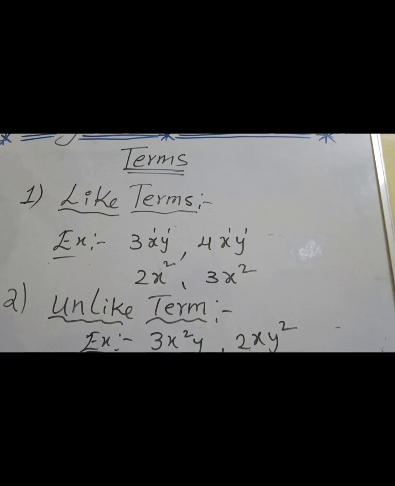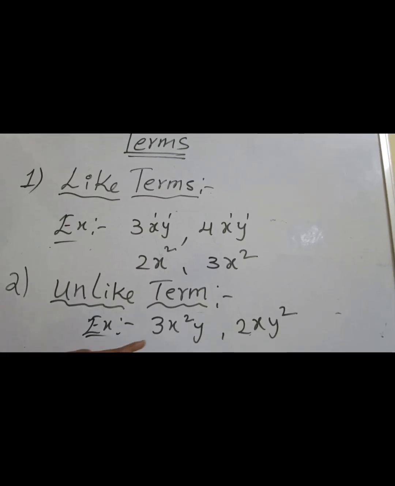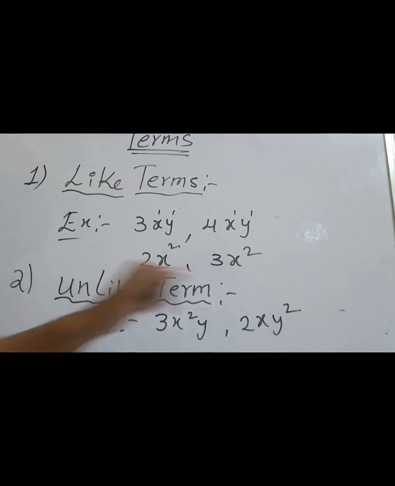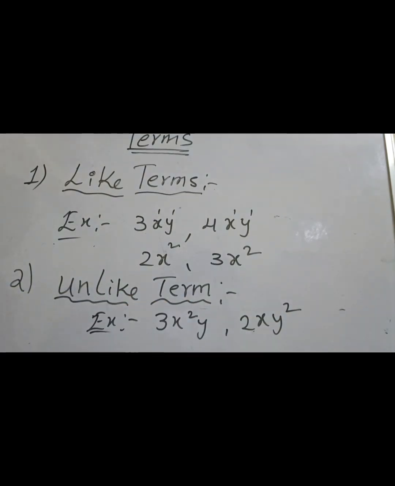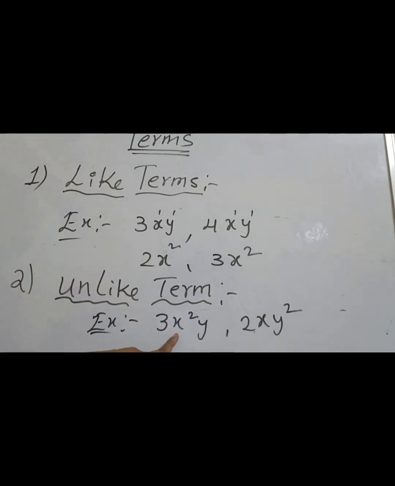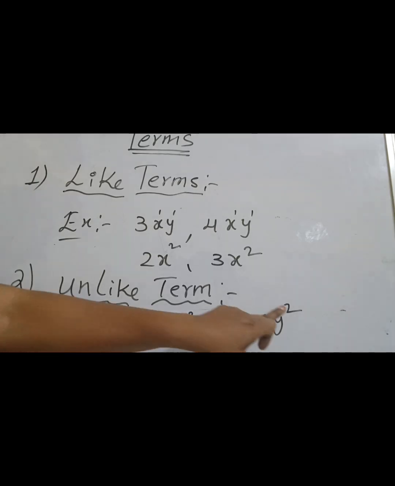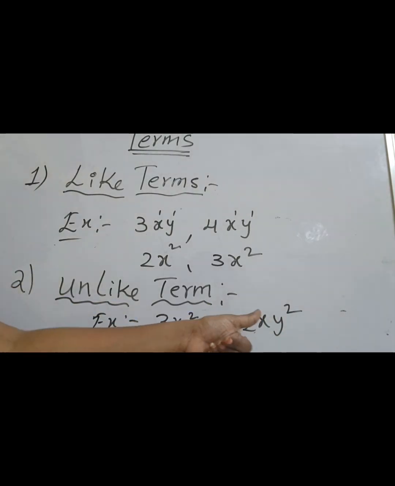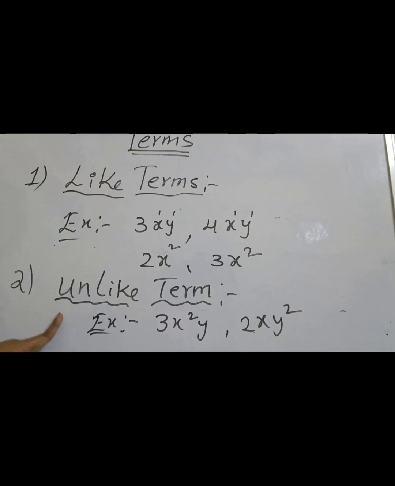See, the variables are similar, but the exponents are different. Did you notice that? So these are unlike terms. Clear? Like and unlike means not only variables, you should also check the exponents. The variables are similar, but the exponents are different, so these are unlike.